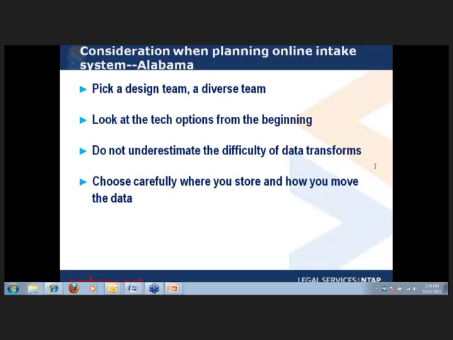Maybe their reader isn't up to date or isn't installed properly, or they simply don't have it. We're currently running metrics on all of the online intake data, but we can't see currently where on the PDF form a client may stop filling out the form. Once we convert it to HTML, we're actually going to be able to see where on the form they stopped.